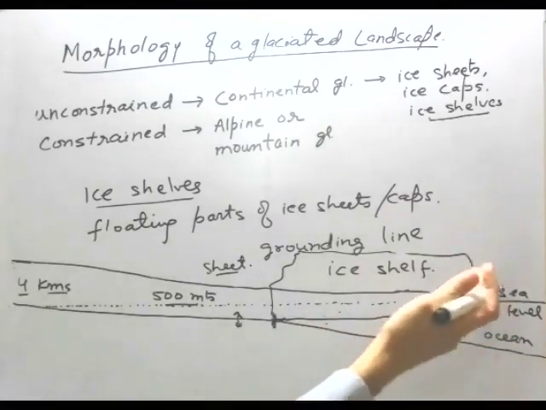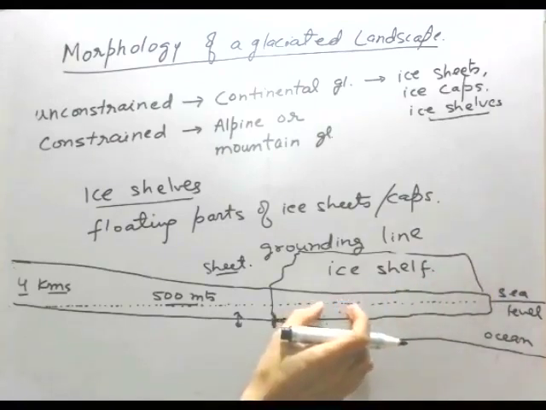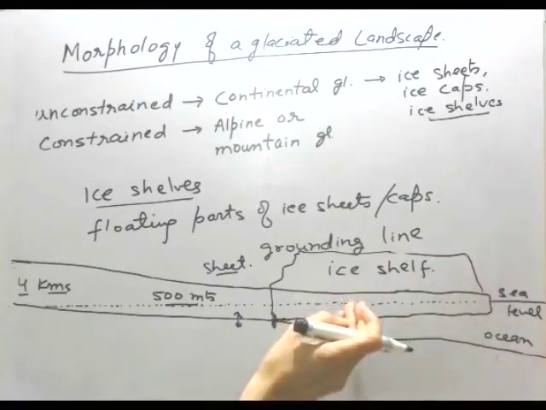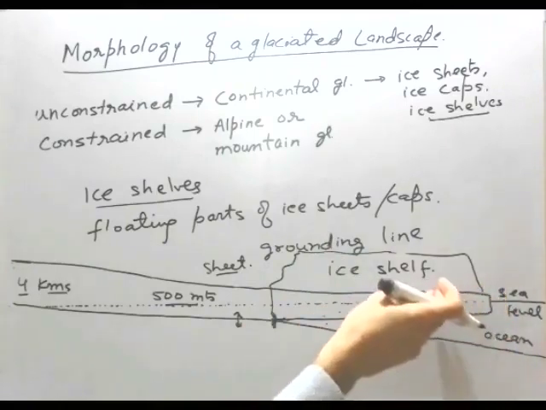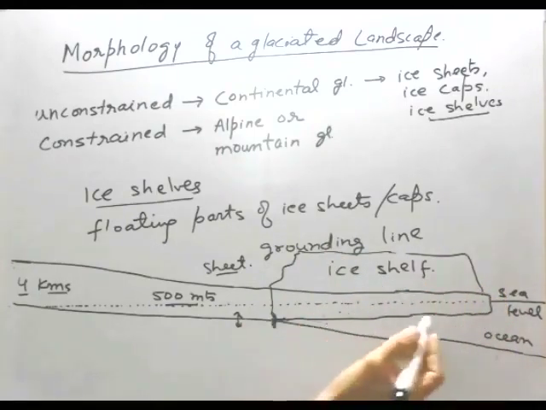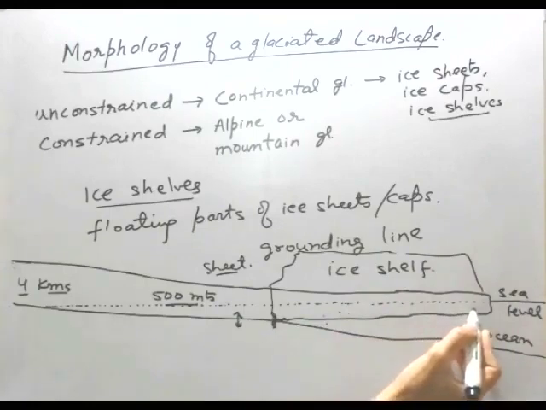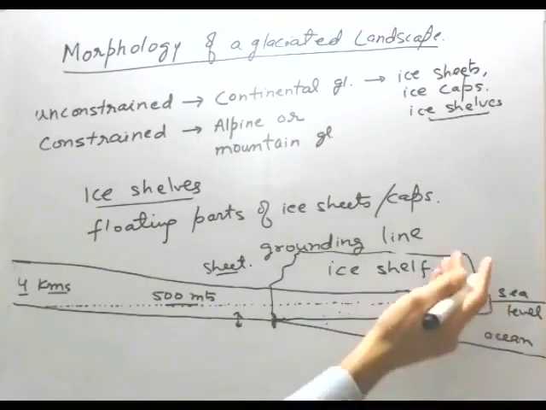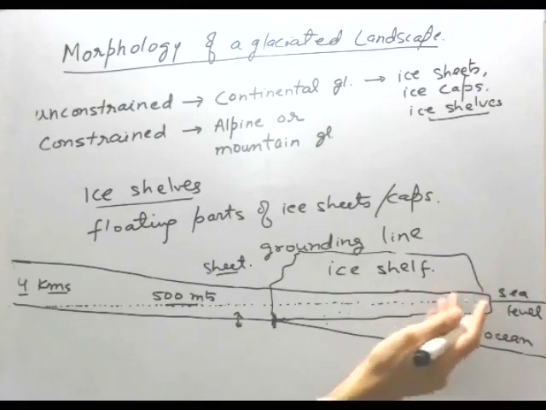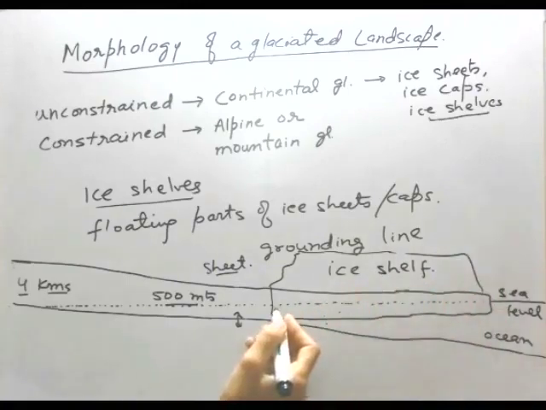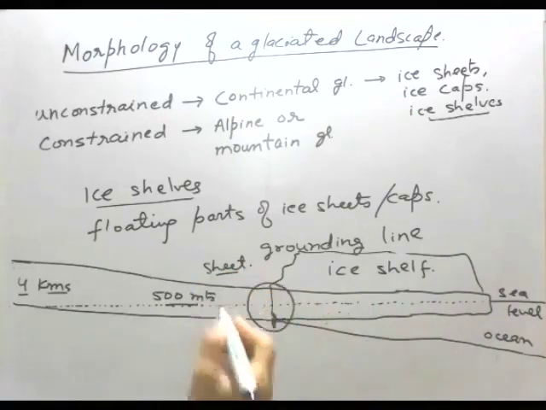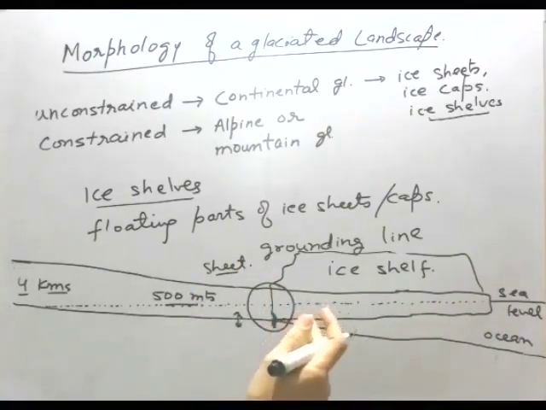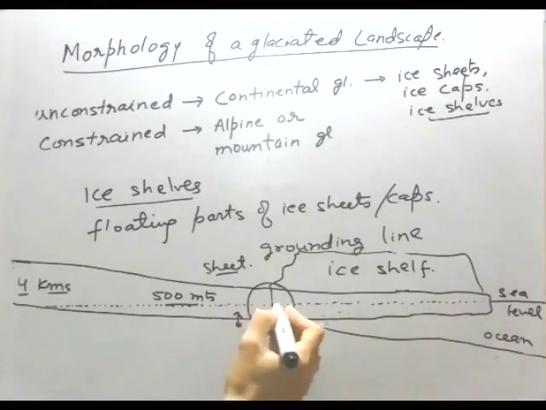When the sea level rises, because of buoyancy, this ice will tend to rise, and when the sea level falls, the ice will tend to move down. This part of the ice shelf is free to move, but this part is not free, so there will be a lot of stress in this part of the ice shelf, and sometimes this leads to the breaking of the ice shelf at this point.